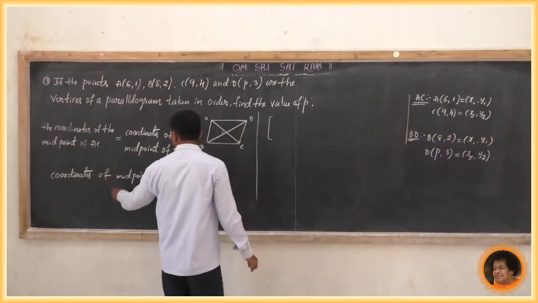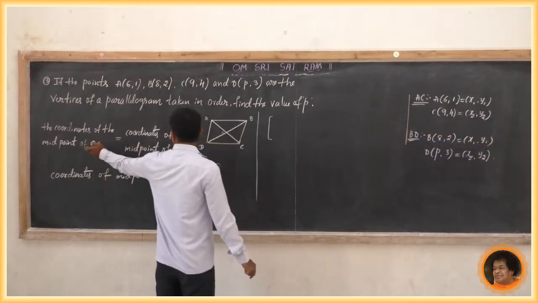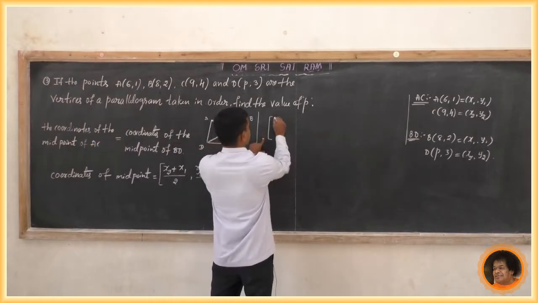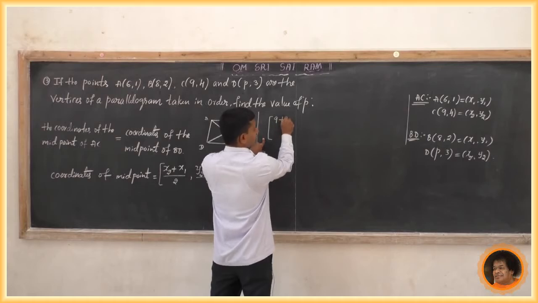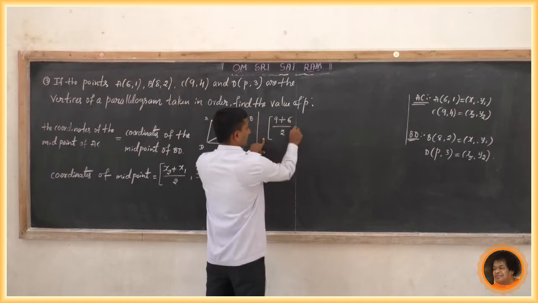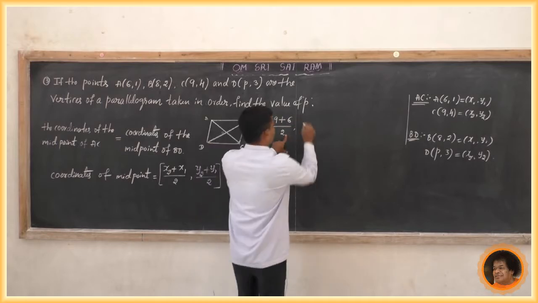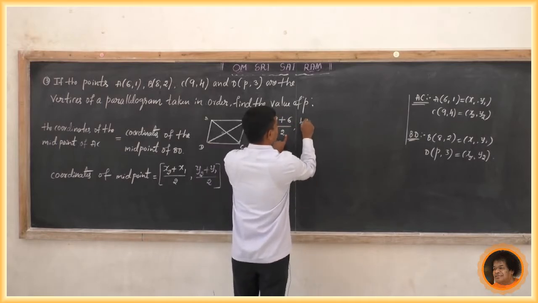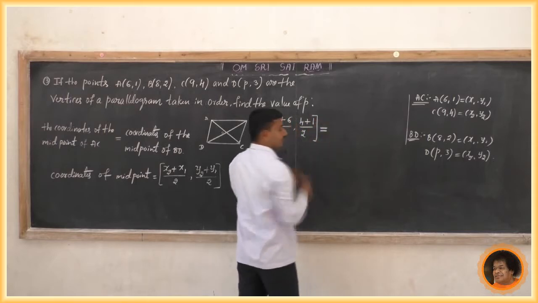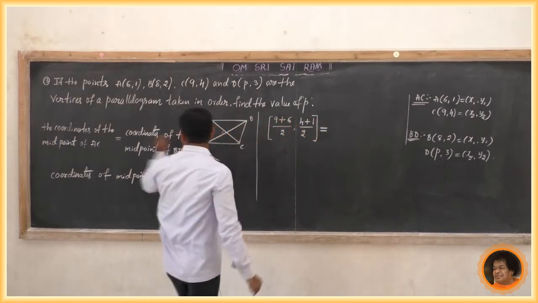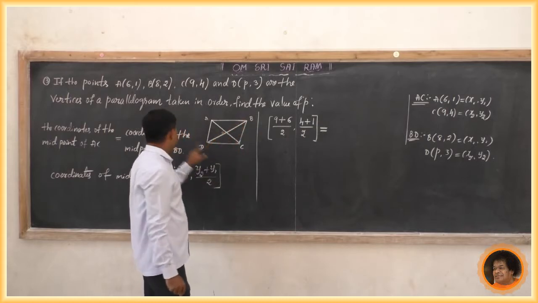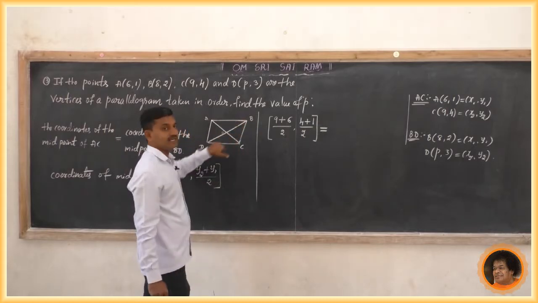So the coordinates of the midpoint of AC: x2 plus x1, so x2 is 9 plus x1 is 6 divided by 2, comma, y2 plus y1, 4 plus 1 divided by 2, equal to. Why is it equal? Because AC and BD are the diagonals, so the midpoint of AC equals the midpoint of BD.